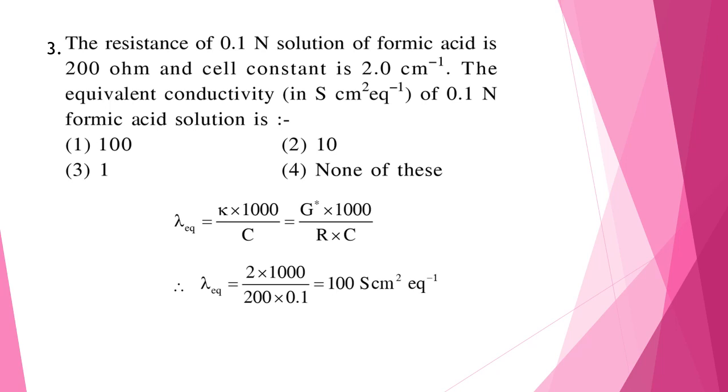Now you can also write K as G by R. So the cell constant G is given 2 and R you also know it's given 200 ohm. So we can substitute these values and when we solve this we get 100 S centimeter square EQ inverse. So the correct answer will be option 1.